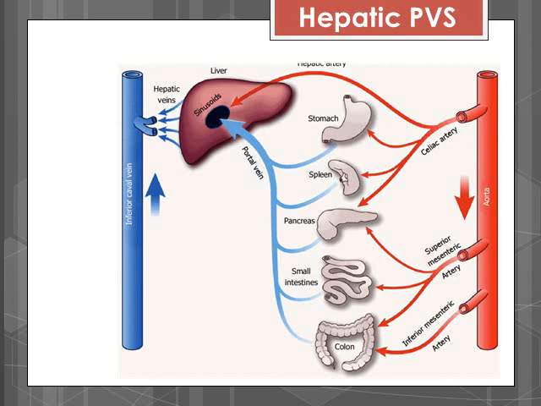This way, all substances absorbed through the gastrointestinal tract, including nutrients, toxins, and pathogens, are first processed in the liver before they can reach the general circulation.